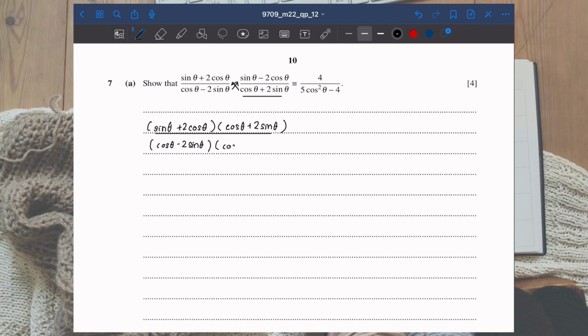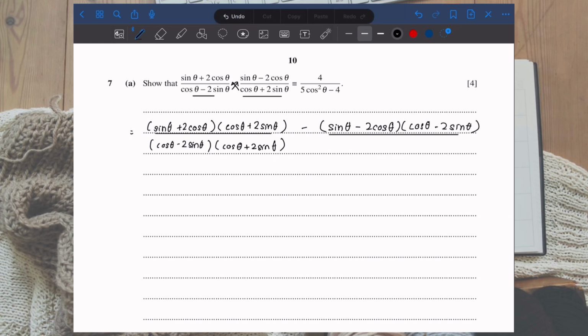times (cos θ + 2 sin θ), minus (sin θ - 2 cos θ) times this denominator, (cos θ - 2 sin θ), over.